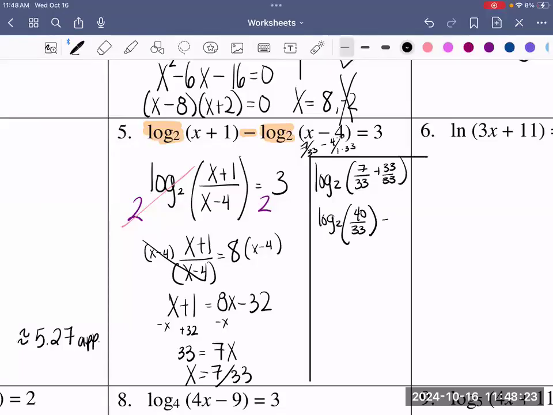Oh man, that is going to be a pain. 7 times 4, that is 28, and 33 minus 28.